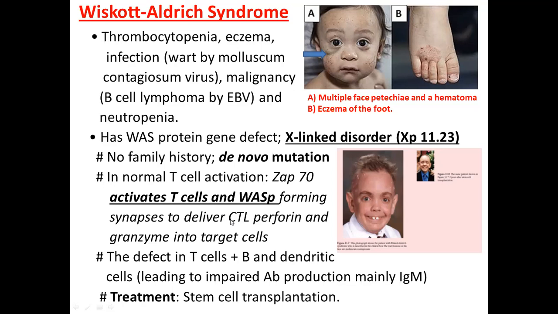You know, cytotoxic T lymphocytes produce perforin to kill target cells, and the granzymes. These are the killer material of cytotoxic T lymphocytes. The defect in the T cells, B cells and dendritic cells leads to impaired antibody production, mainly IgM. The treatment is to do stem cell transplantation.